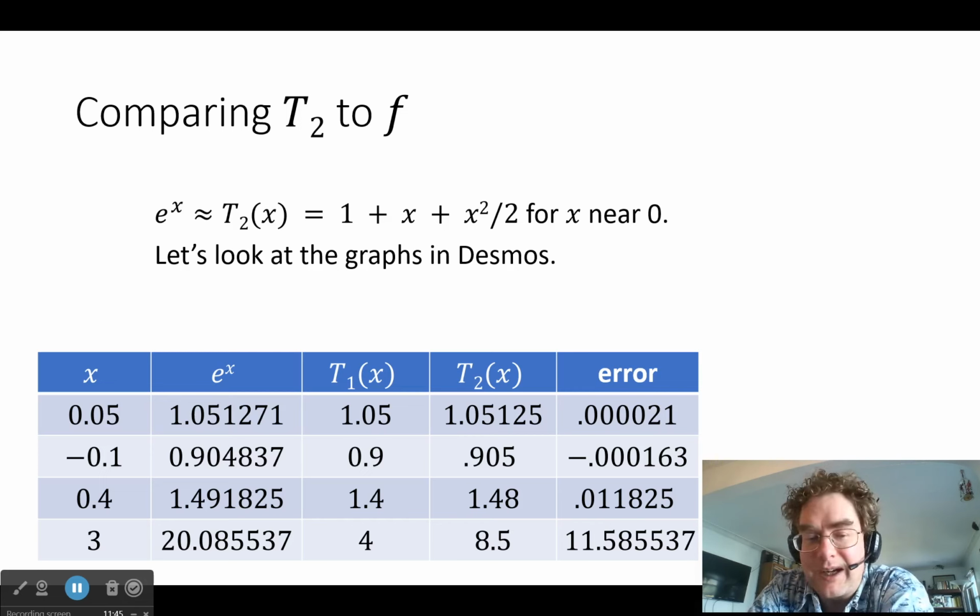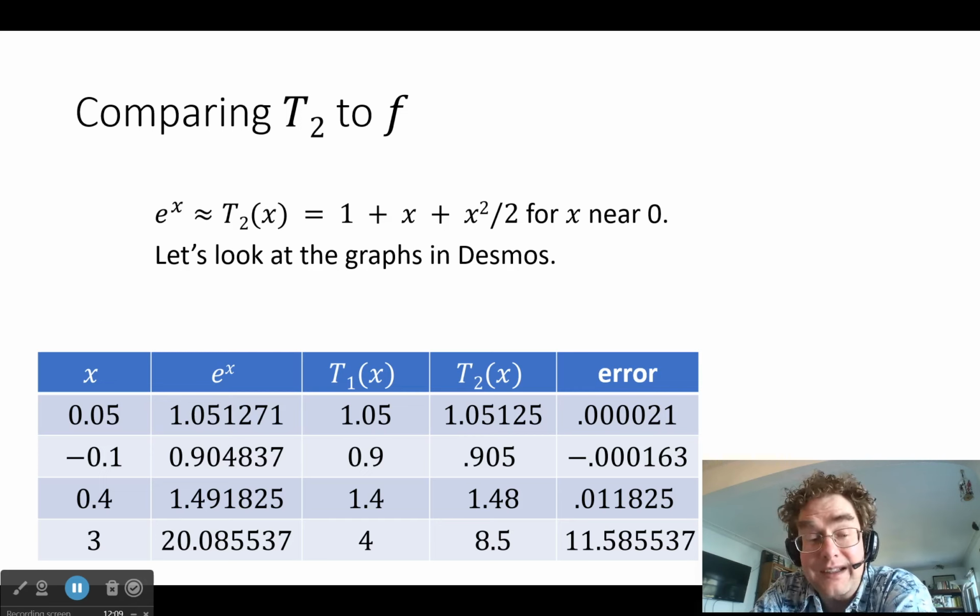If you compare to the T1 values, the errors are quite a bit smaller. Now, of course, by the time you get to 3, the degree 2 Taylor polynomial approximation is also pretty far off from the actual value, even though it's somewhat closer than the linear one was.